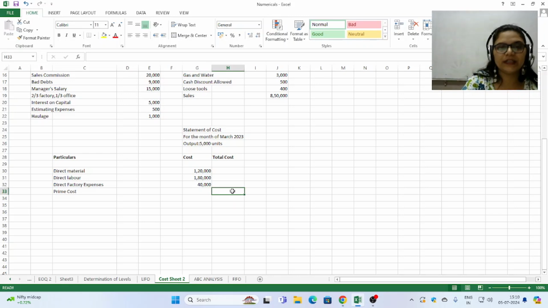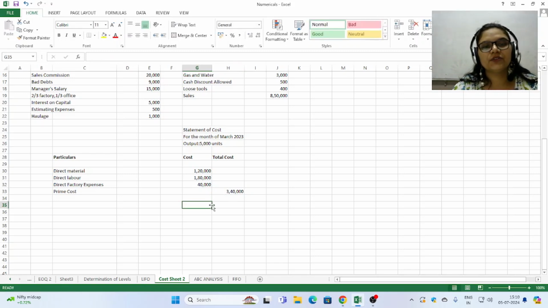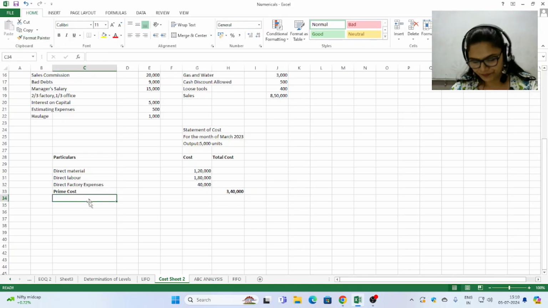For more clarity, we will write this figure in the total cost column so that everyone going through the statement of cost can clearly understand that this figure has been arrived at after adding all these direct expenses. So prime cost will be 3,40,000. It is one of the main components of your cost sheet.